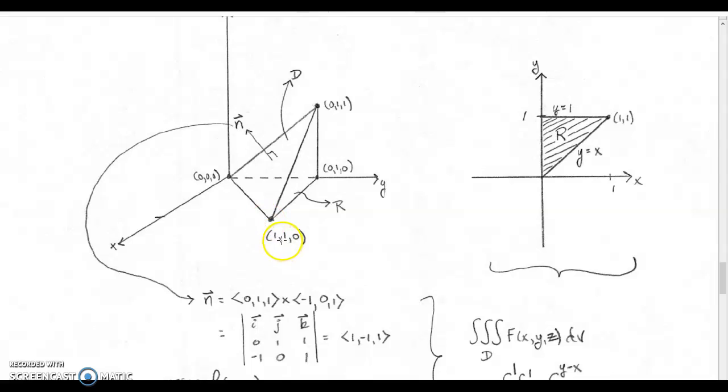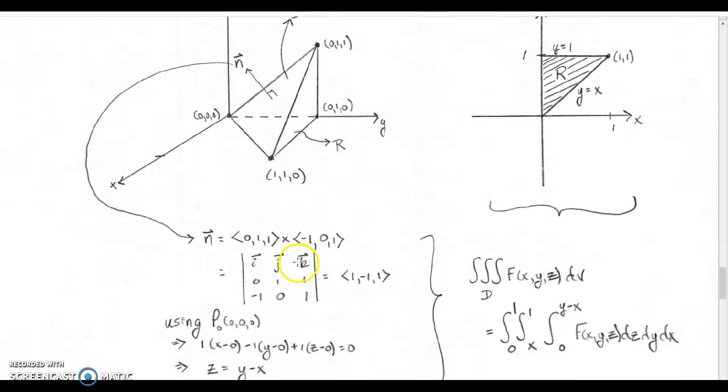I should have used this vector, it would have been a lot easier, but that's okay. Actually, vice versa: I use the vector from 1, 1, 0 to 0, 1, 1, because 0 minus 1 is minus 1, 1 minus 1 is 0, and 1 minus 0 is 1. So that's the vector. I could have chosen an easier one, but don't worry, that's what I chose.